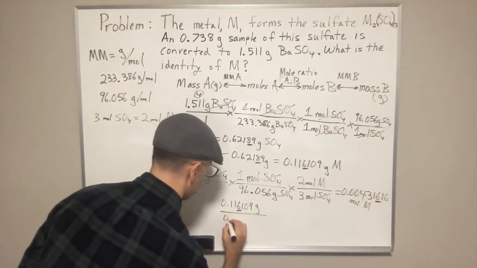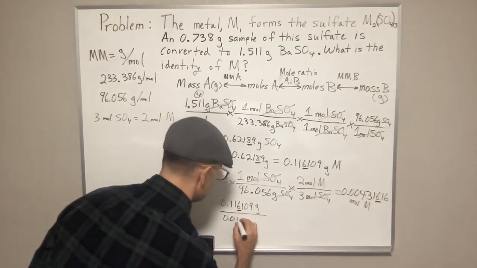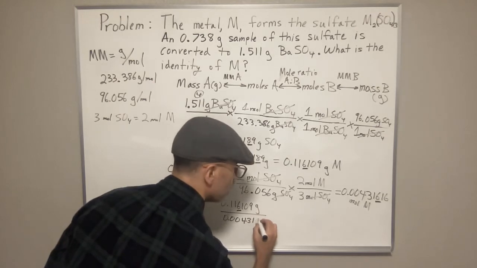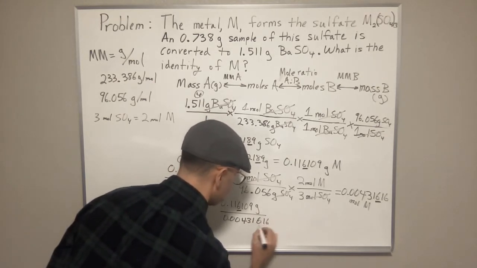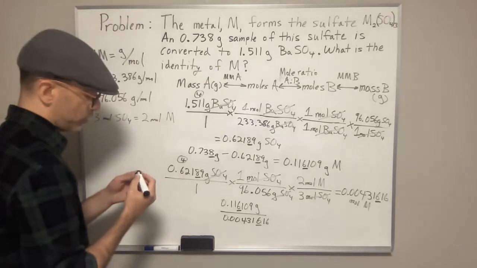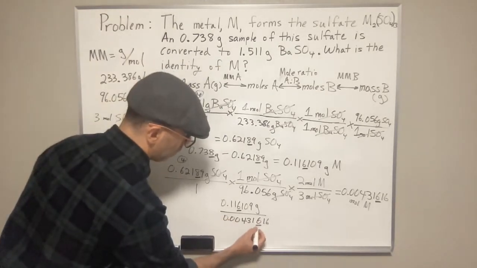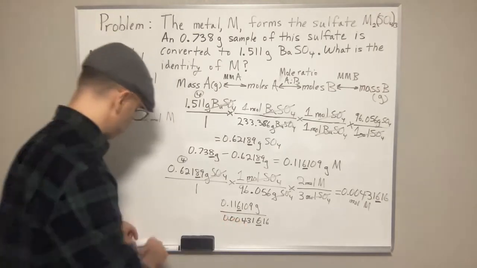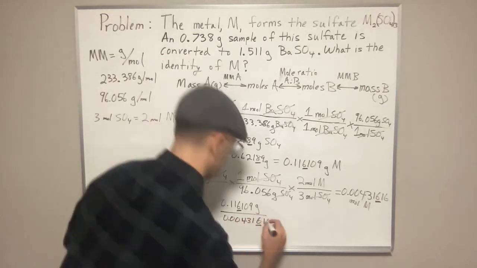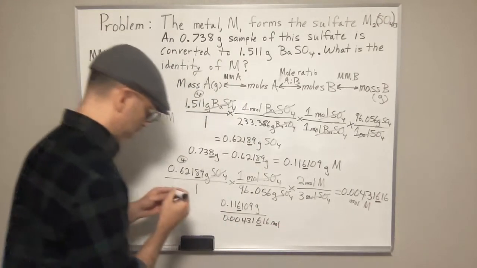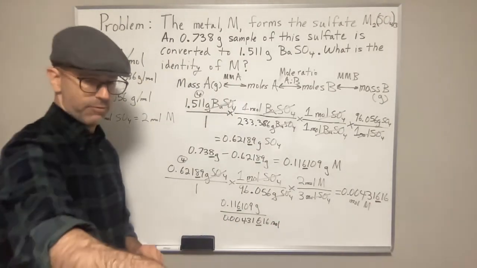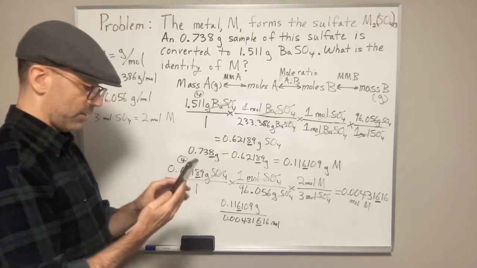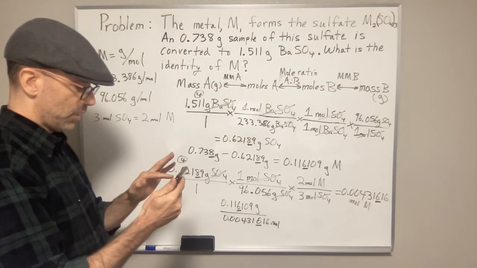So I have 0.00431616, and I keep 1 or 2 extra digits just in case. I don't want a rounding mistake. So now all I need to do is divide. So this is going to be moles. So grams divided by moles. I take my calculator and let's see here.